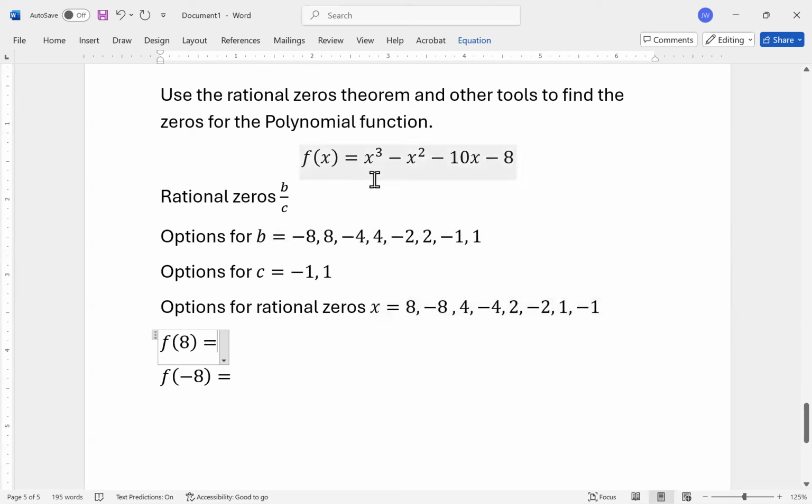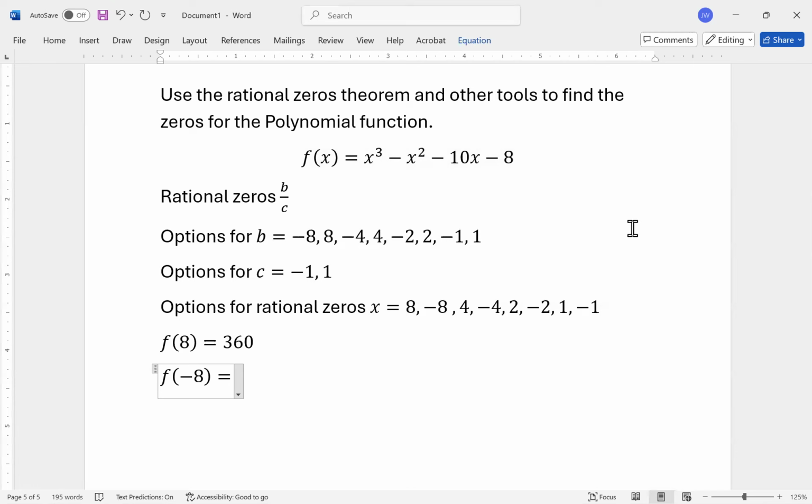So let's go ahead and start by plugging in 8. 8 to the third minus 8 squared minus 10 times 8 minus 8 gives me 360. So obviously 8 is not a rational 0. What would I get when I plugged in a negative 8?